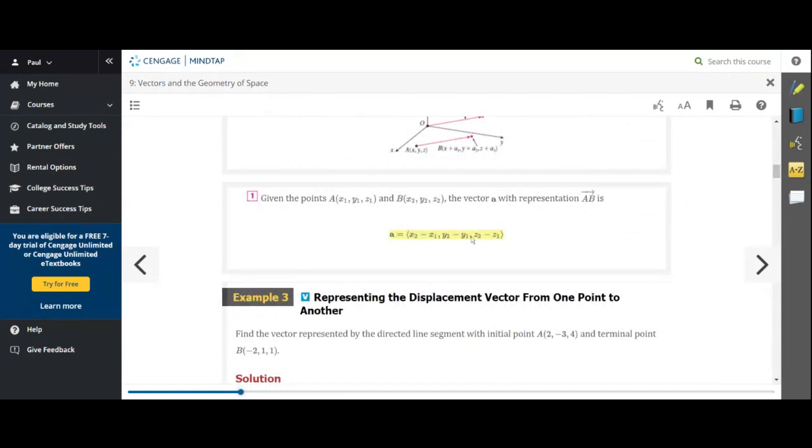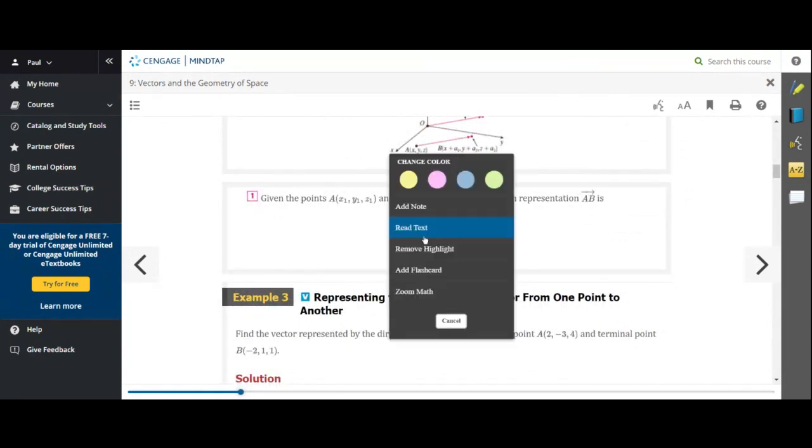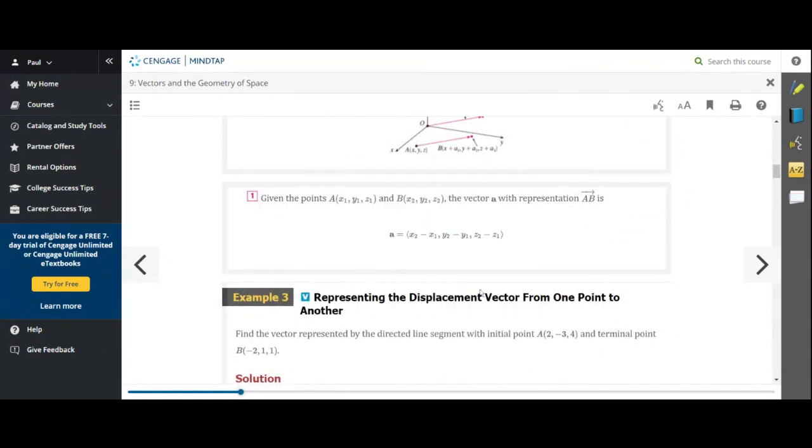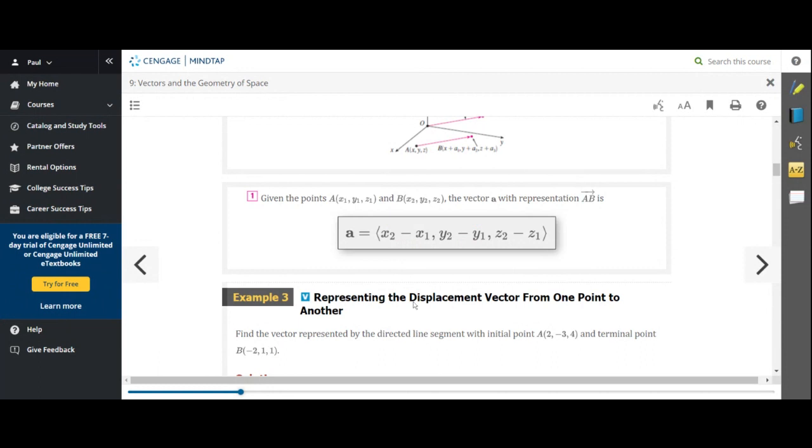So here, now they're doing it for vectors in 3 dimensions, but all you do, if you have a vector that starts at point A and ends at point B, then that vector, which we can call vector A, you just subtract the components.